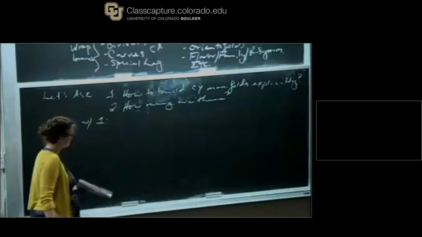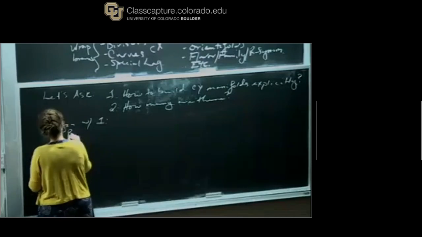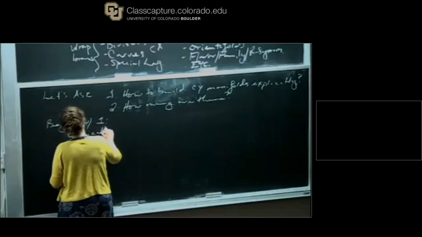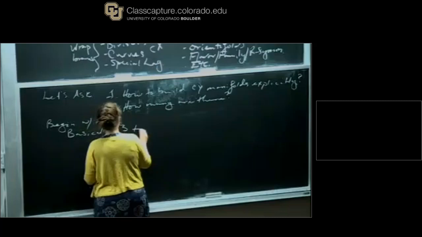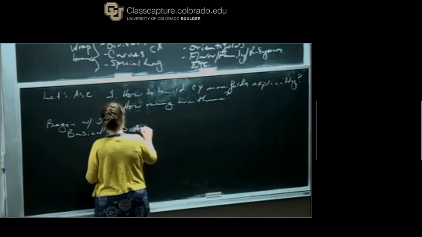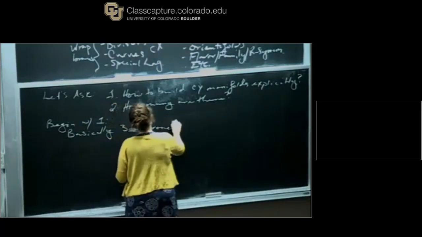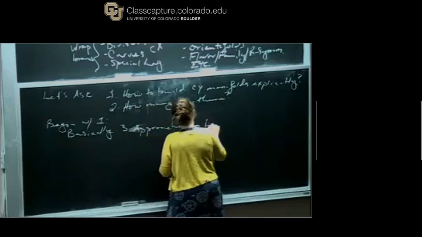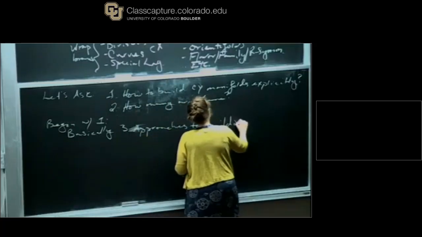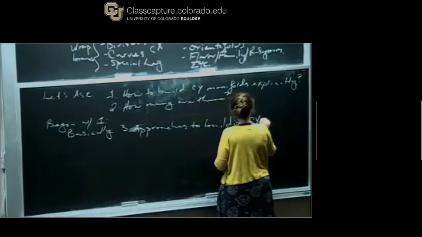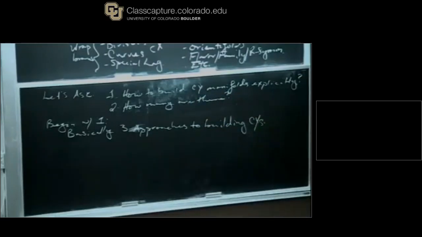So how do you build them? There are basically three tools, or let's call them approaches, to building Calabi-Yaus. And every manifold that has been built in the literature has used one of these main three approaches.